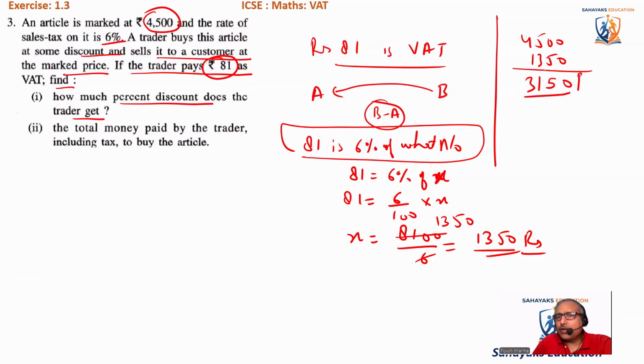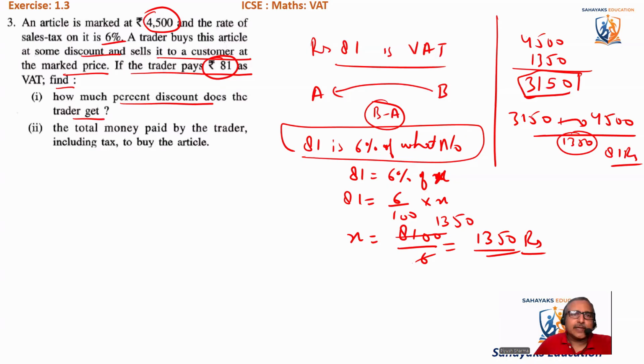So he got it for 3150 and he sold it for 4500. So this is the appreciated value he has made. The difference was 1350, and on this he has paid a VAT of 81 rupees as 6%.